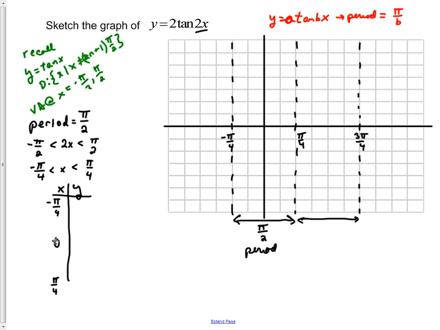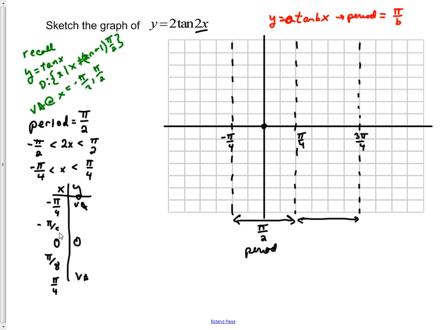Well, of course, 0 is right in the center. And we know that the tangent of 0 is 0. So this graph will pass through the origin. We're going to get a vertical asymptote at negative pi over 4 and a vertical asymptote at positive pi over 4, but what is directly between 0 and pi over 4? Well, that would be pi over 8. And to the left, by the way, it would be negative pi over 8.